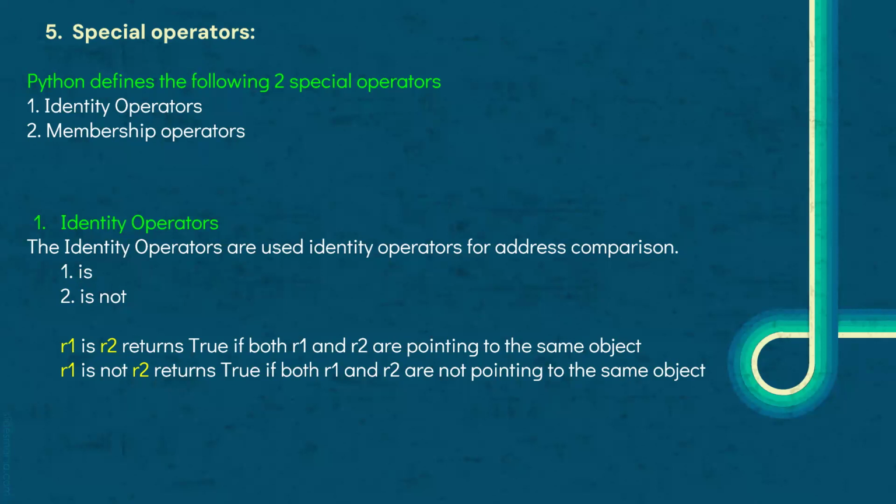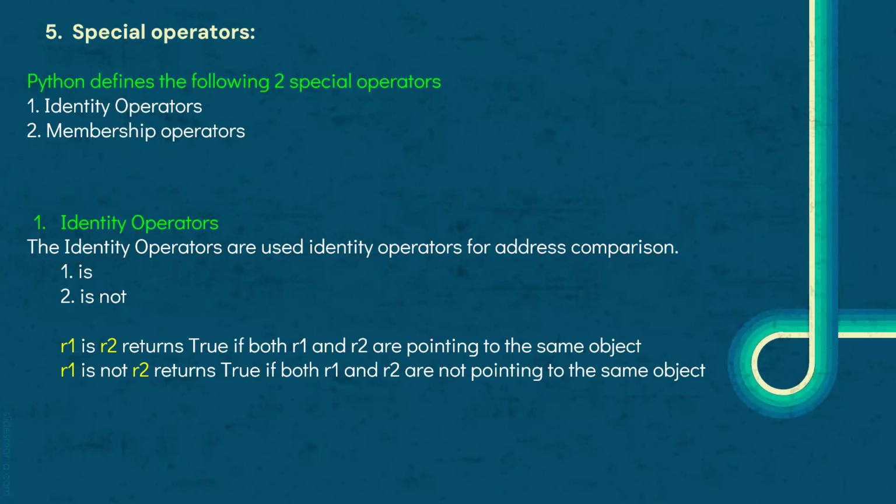In the identity operator, we are comparing the memory location of the objects. Earlier you saw that with equal to, we were comparing the content. If A is equal to 10 and B is equal to 10, when we compare A equal to B, the result was true.